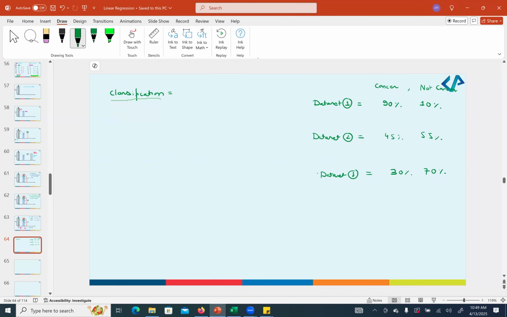So let's say in data set 3, nothing is given to you, and you need to make 100 predictions. For every right prediction, I will give you 100 rupees. What will be your prediction for each value? Not cancer or cancer?